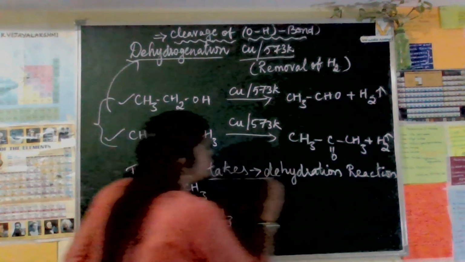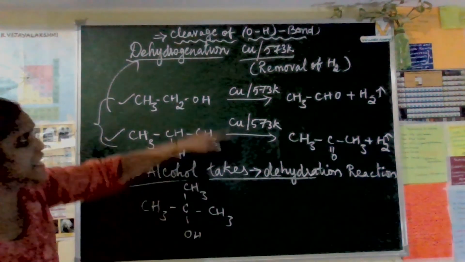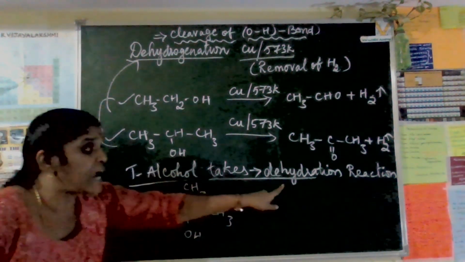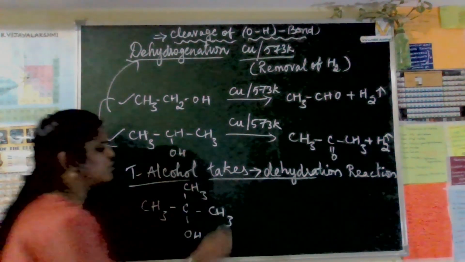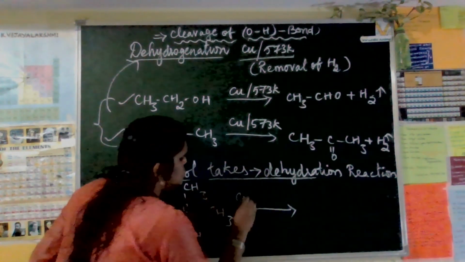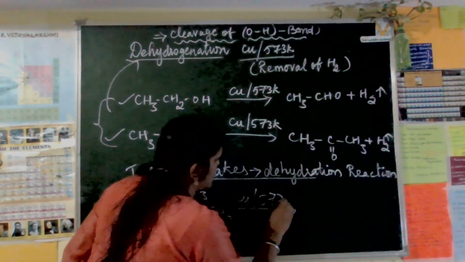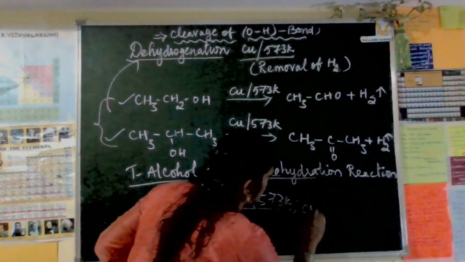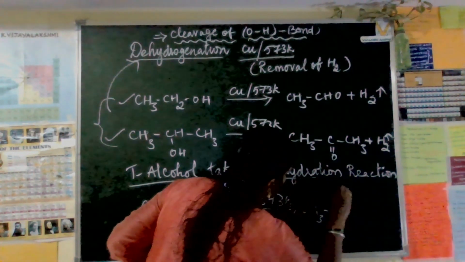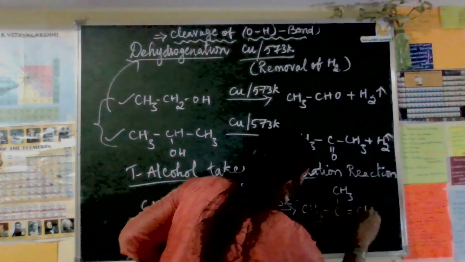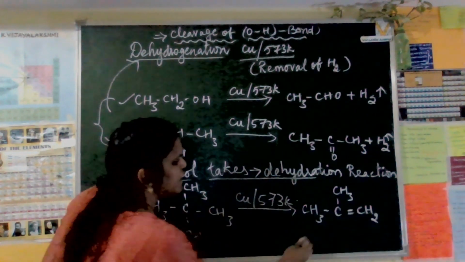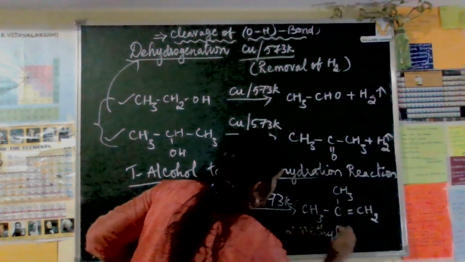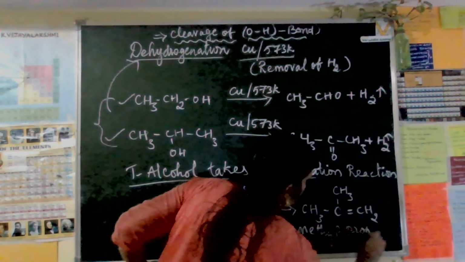That is what I mentioned: dehydrogenation does not take place. Why? Dehydrogenation releases hydrogen, but dehydration removes the water molecule. So with the same Cu at 573 Kelvin, here you will get an alkene product, CH3, CH3, double bond CH2, which is 2-methylpropene.